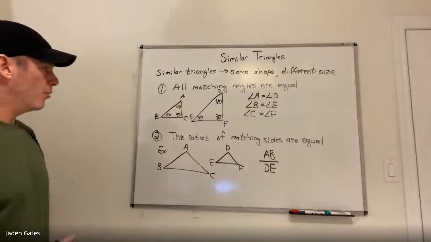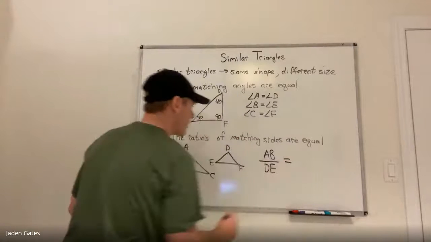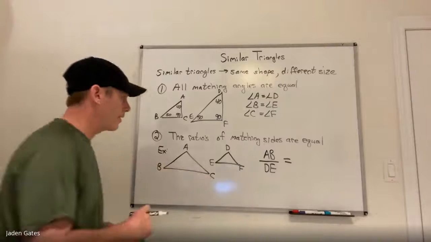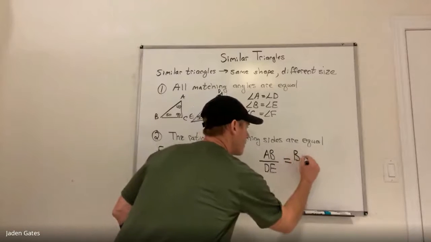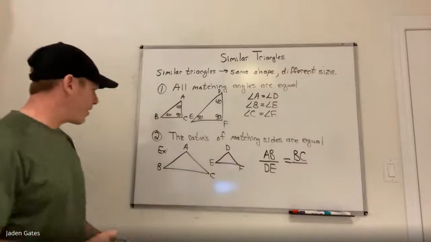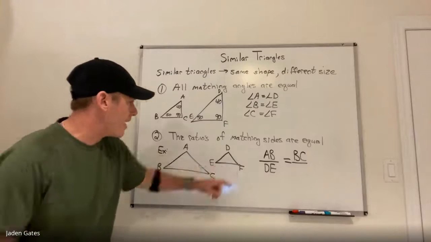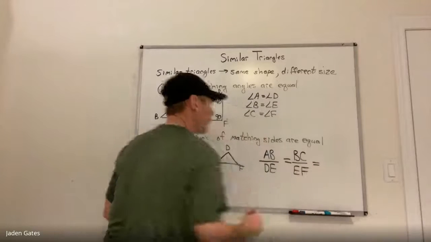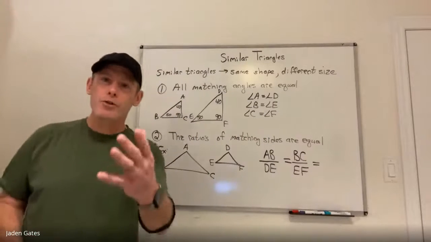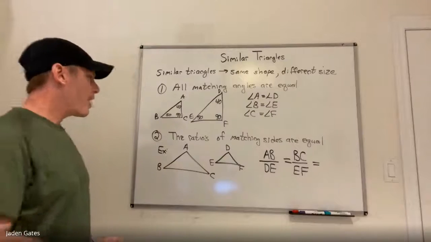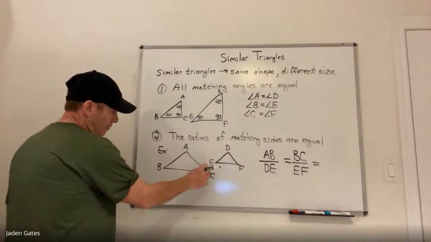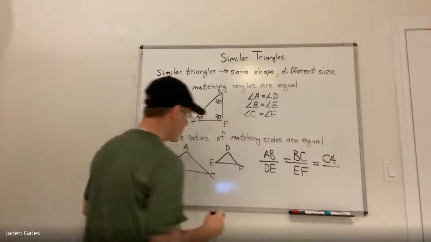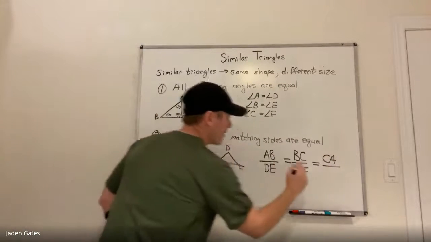That ratio is equal to, say if I compared B to C, divided by its matching side, which would be E to F. Now there are three ratios because there are three sides to a triangle. So that ratio would also be equal to if I went from C to A and divided by F to D.